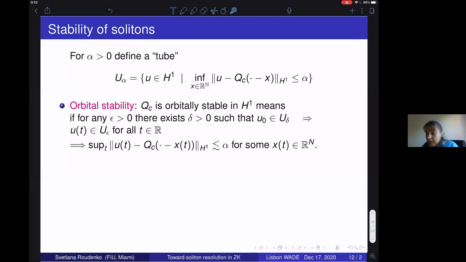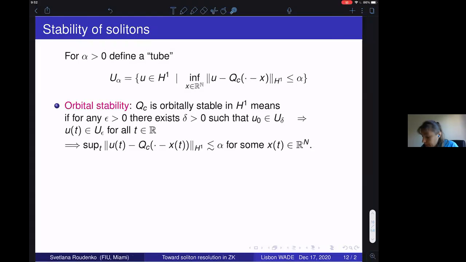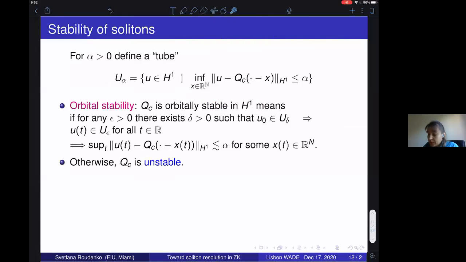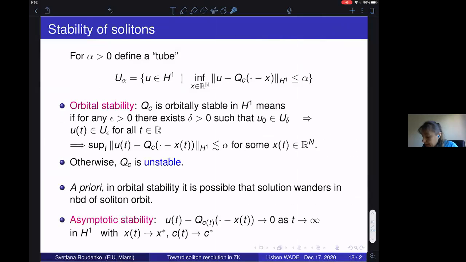It's good to know, because that's one of the important things to understand: if it doesn't hold, then it's unstable. But a little bit more interesting is the asymptotic stability. Why?